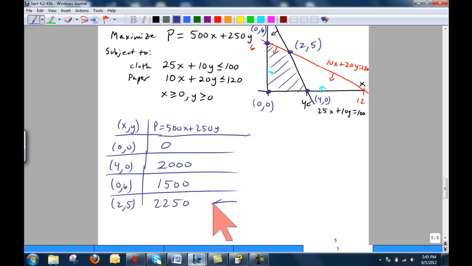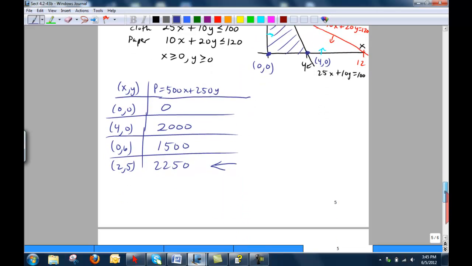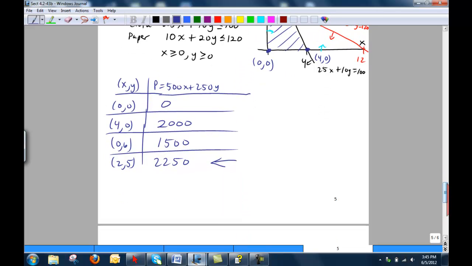We're looking for the maximum. Of course, it's here. And so I'd like for you to answer an applied problem like this in an English sentence, or at least an English phrase.